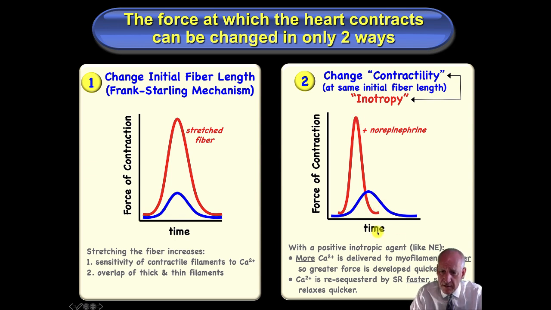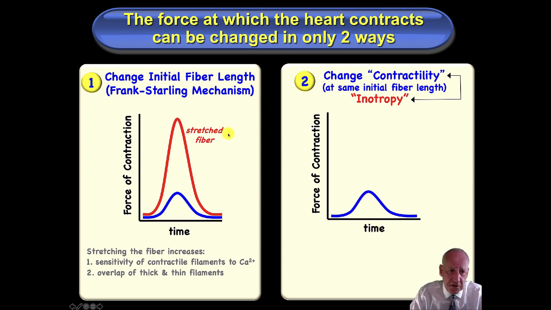So we're going to examine the molecular mechanisms underlying these changes for both a change in fiber length and a change in contractility. It's important that you do not confuse contractility with the Frank-Starling length-tension effect. We'll get to that in a moment.